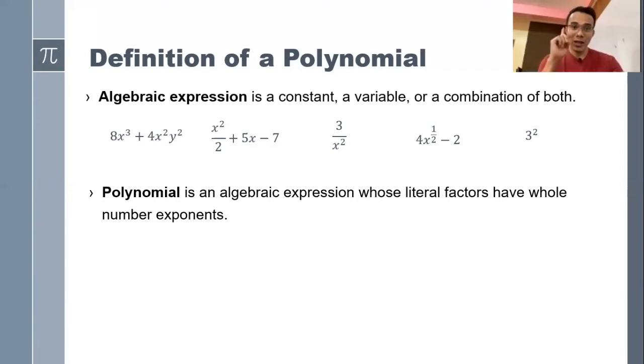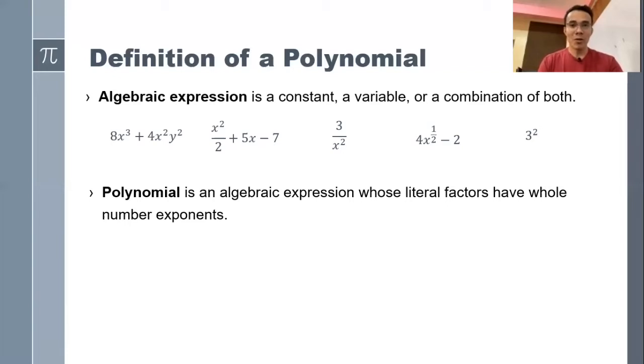But take note, the exponents of the variables should be whole numbers. There should be no negative exponents. There should be no fraction exponents. Let's identify what the polynomials are from the examples above.